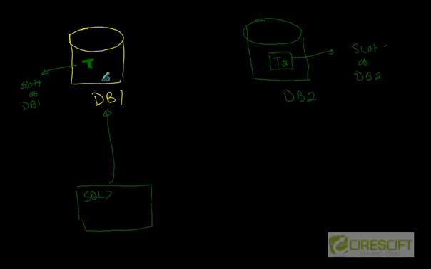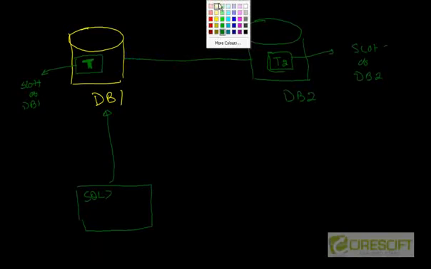So this is the scenario we are discussing. Now we are connected to database 1, and whenever we do select star from T, we get whatever data is in the table T in database 1. There is another way: while you are connected to database 1, you can still access the table T2 of database 2 by using an object called a database link.